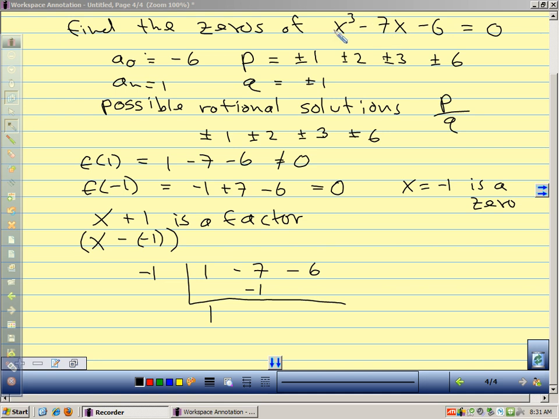That's what you were talking about, right, Cedric? So we need a 0 for my x squared term: 1, 0, -7, -6. 1 times -1 is -1. Add those, I get -1. I get a +1 here. -7 plus 1 is -6. I get a +6, and my remainder is 0, just like we thought.